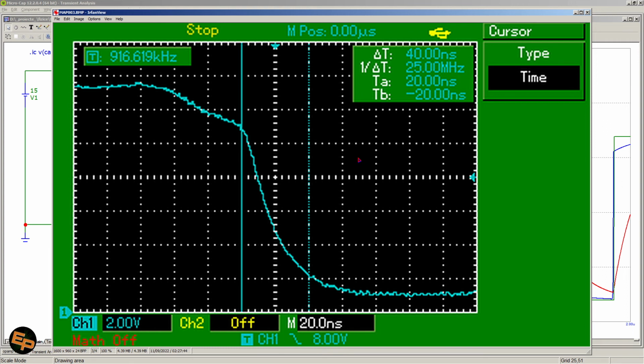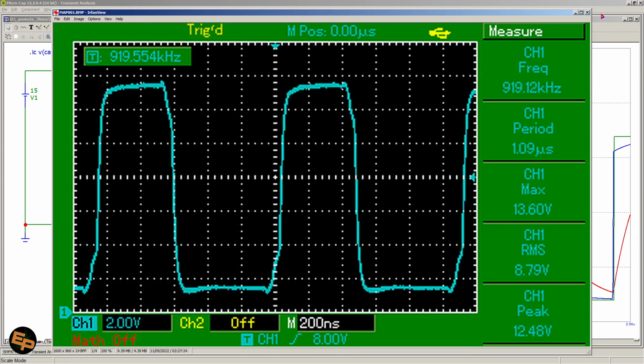I'm pretty confident that these times will shorten, will become smaller, and so I will have even smaller rise times and fall times, so even steeper inclines, which is nice. And yeah, for this particular purpose, I am pleased.